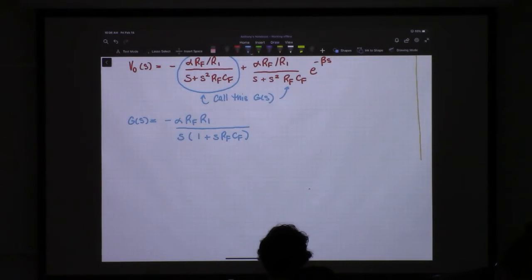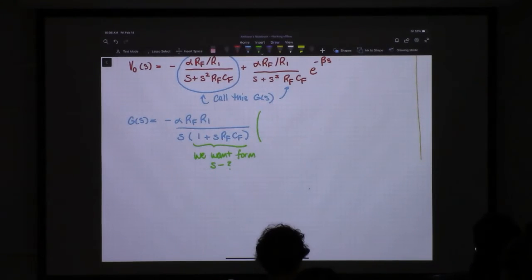However, we're more used to seeing the roots in the form S minus something. So in order to do that, what we can do is multiply the numerator and the denominator by 1 over RFCF.